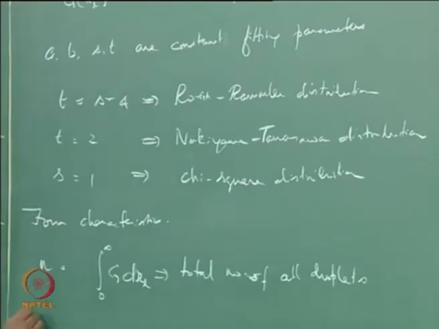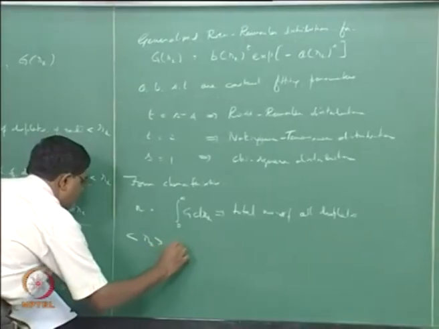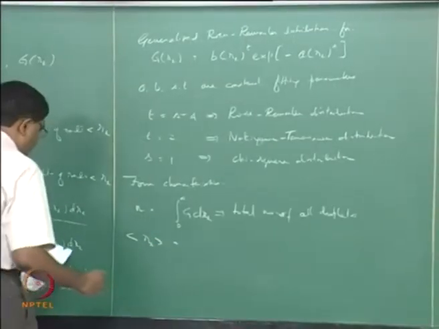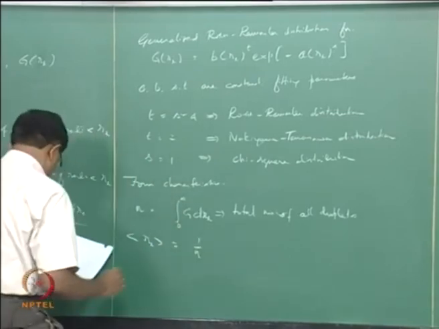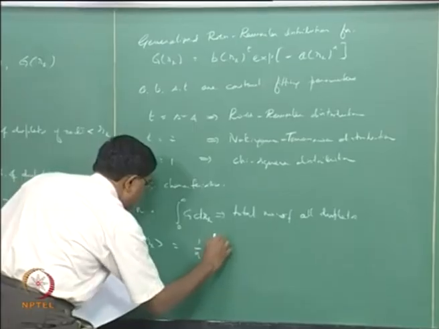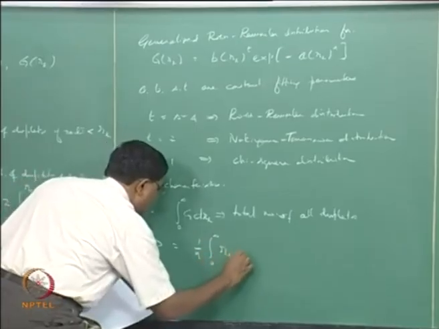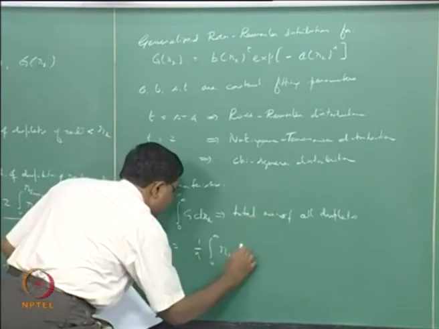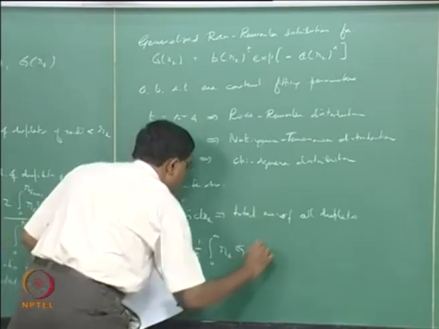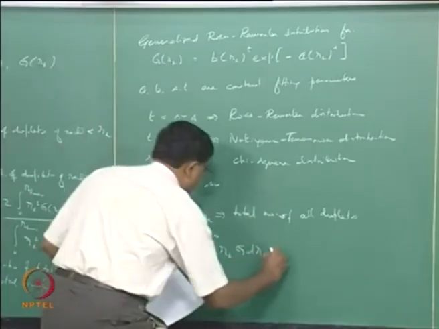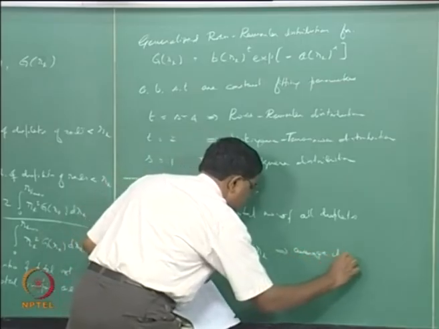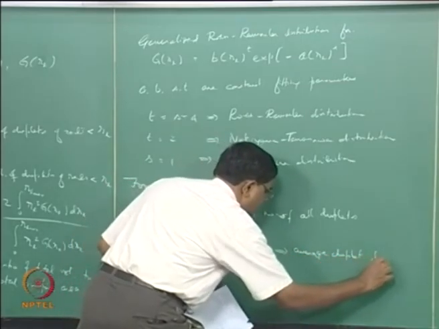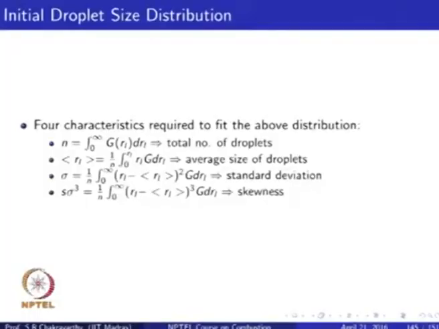Then you have a mean, which is defined as 1 over N, the arithmetic mean, the integral 0 to infinity of RL G dRL, which is the average droplet radius. We can simply say size.